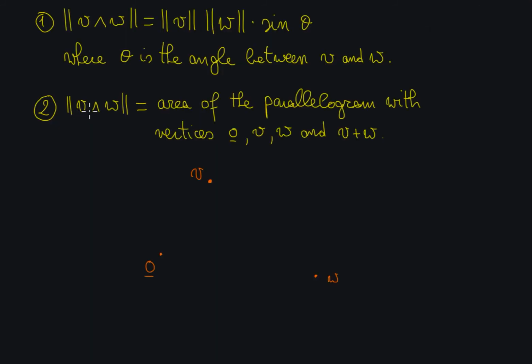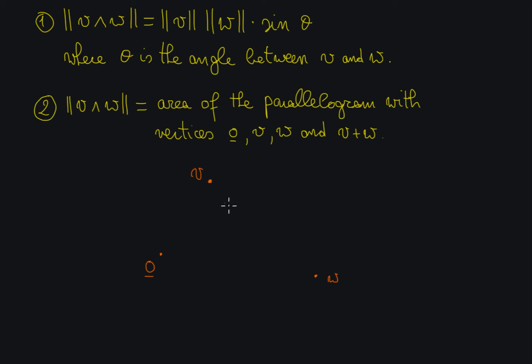The second important geometrical interpretation is the following. The norm of v vector w, so the same number as before in the previous formula, equals the area of the parallelogram with vertices the origin, then the two vectors, and then the sum of the two vectors. So we have here the origin of the coordinate system in R3, and then we have two vectors that we denote with points as usual.